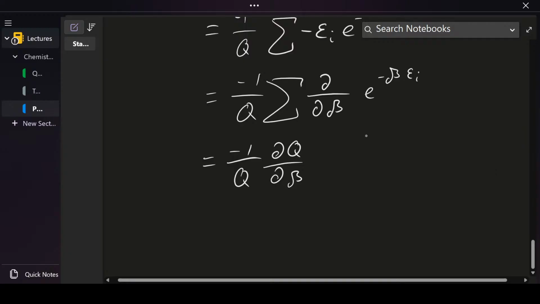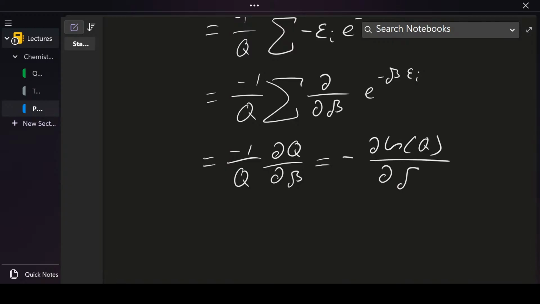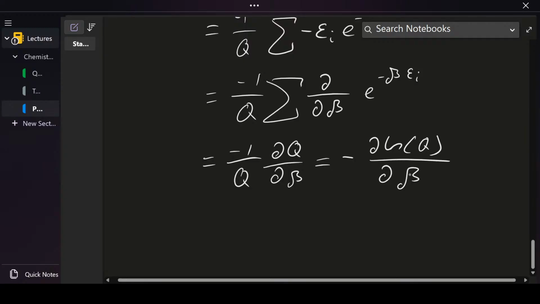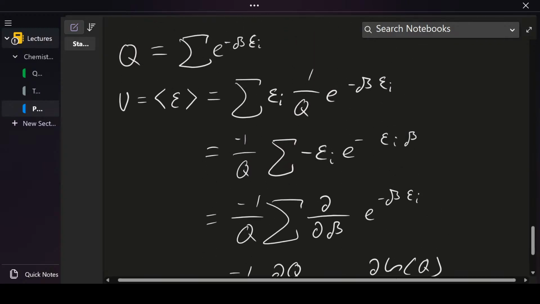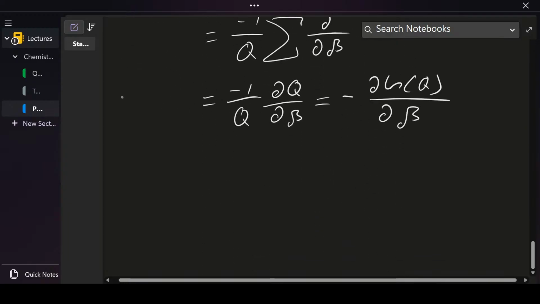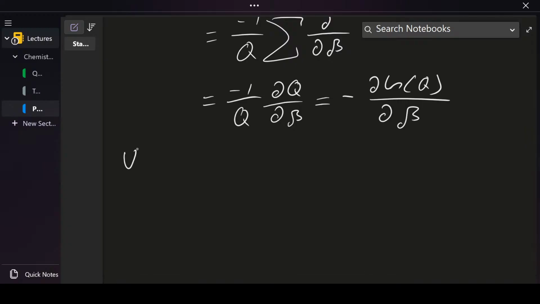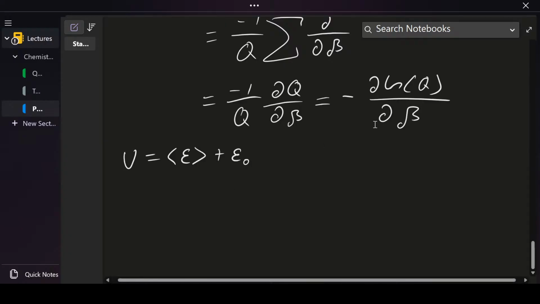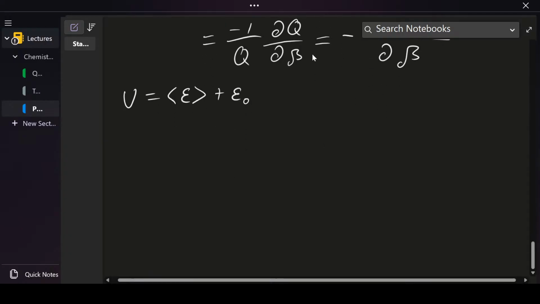And so this is just going to be equal to negative times the derivative of ln Q with respect to beta. However, this isn't actually the internal energy because we've translated each of our terms by negative epsilon zero to zero our system, and so we're going to add back on our ground state energy here. So that's the internal energy.